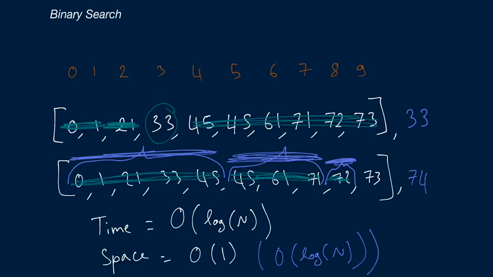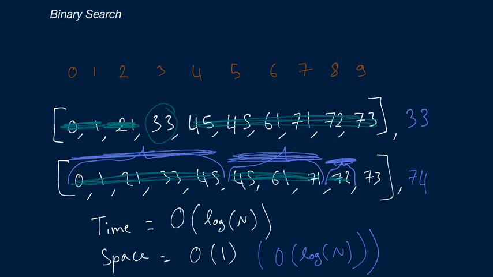And so that's why it's typically advised to implement an algorithm like binary search iteratively rather than recursively, so that you can enjoy this constant space.